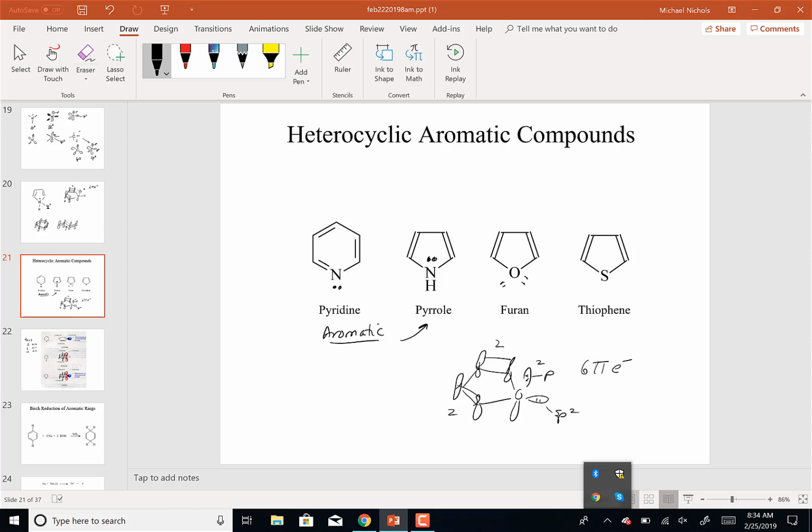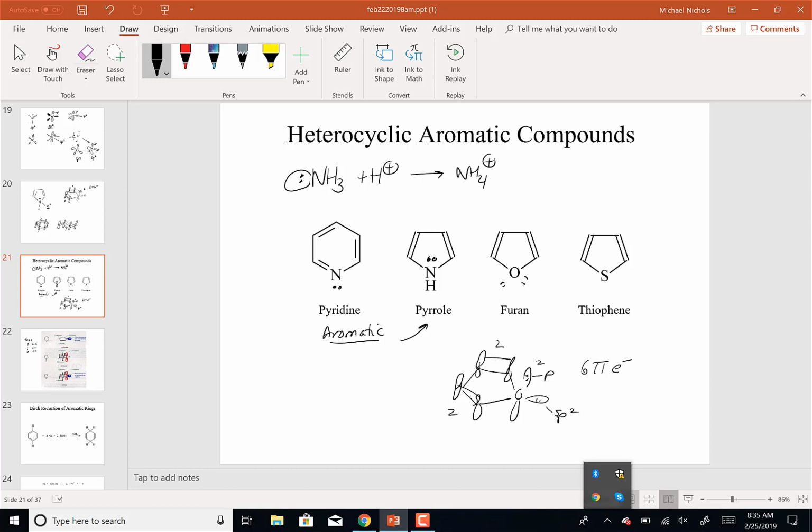Something like NH3 is a base. It'll pick up a proton very easily, and it'll form NH4+. What the nitrogen needs in order to be a base is a free pair of electrons that can bond an H+.